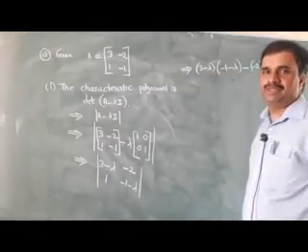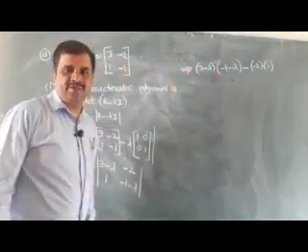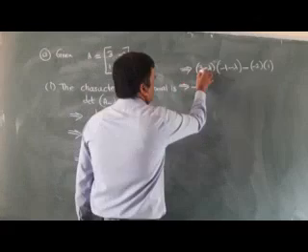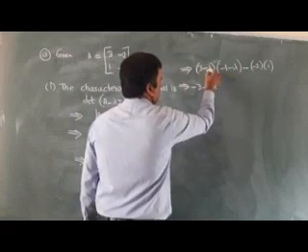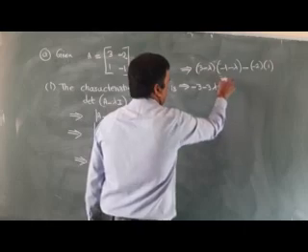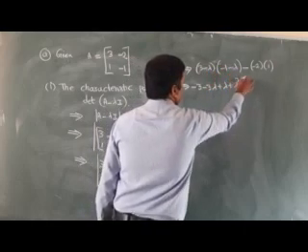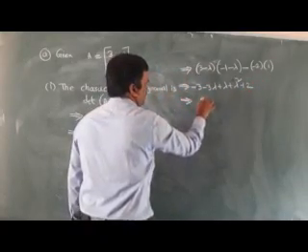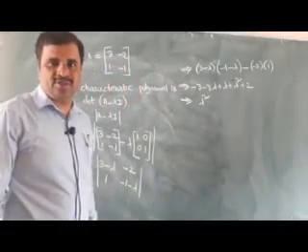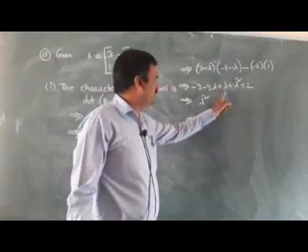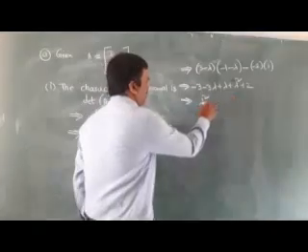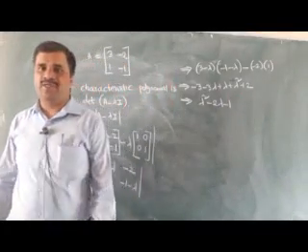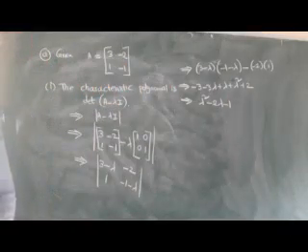Simplifying, we get lambda squared minus 2 lambda minus 1. This is the characteristic polynomial: lambda squared minus 2 lambda minus 1.